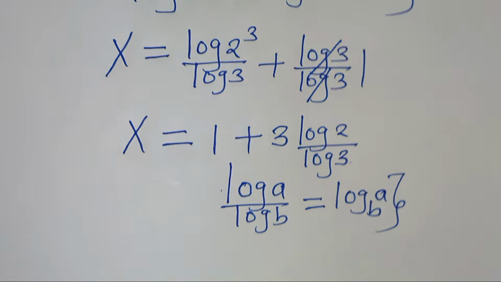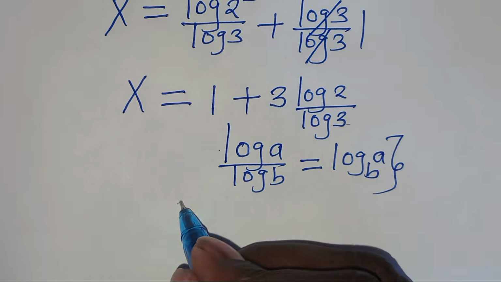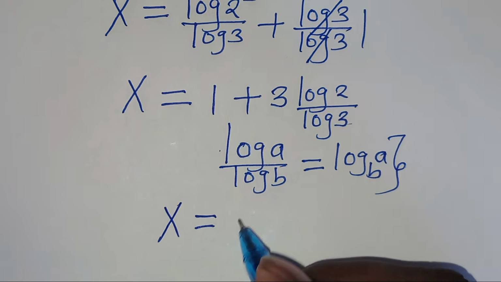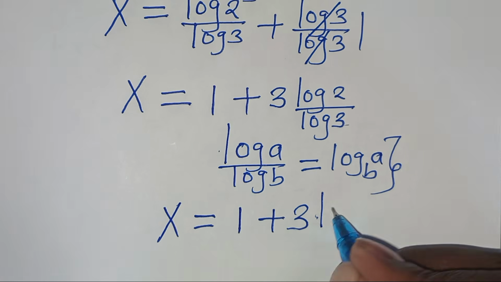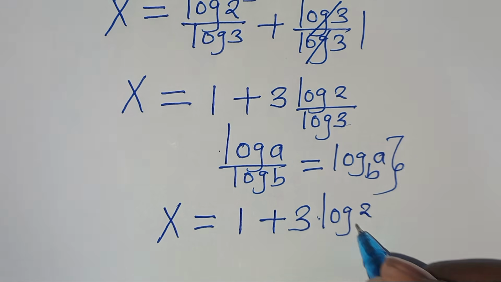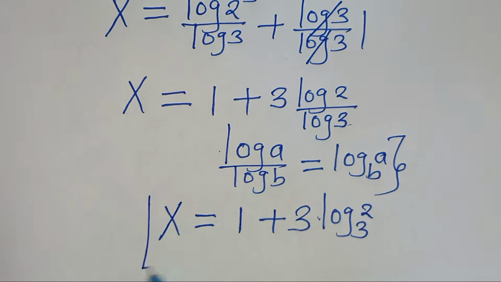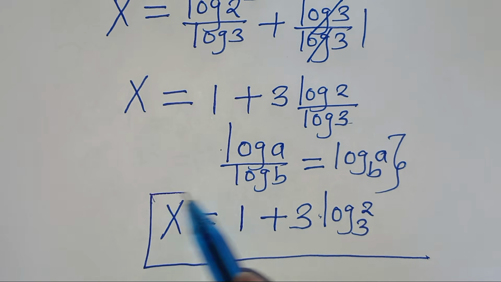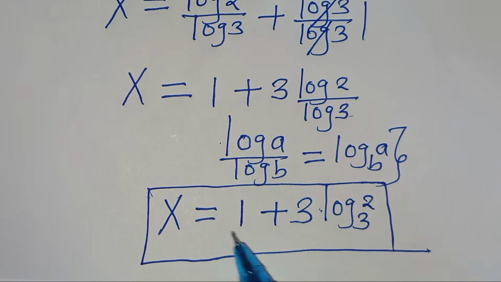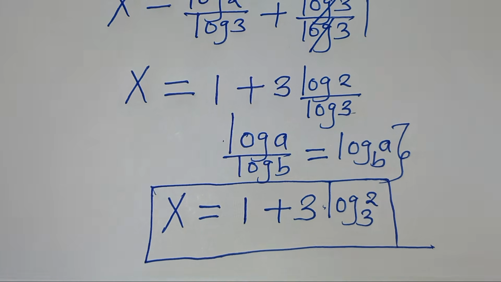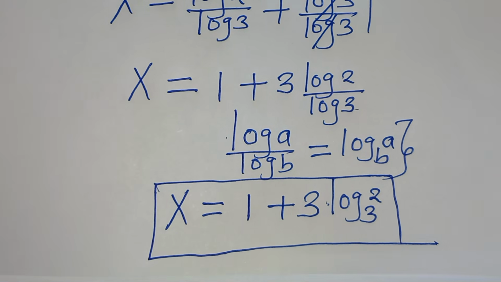Applying this property, this means we have the value of x, which is equal to 1 plus 3 log 2 to base 3. So this is the value of x. The next step is to verify if this value of x satisfies the equation.